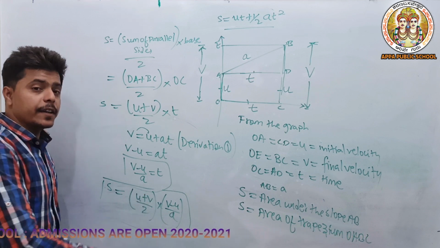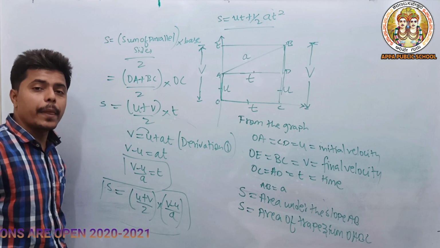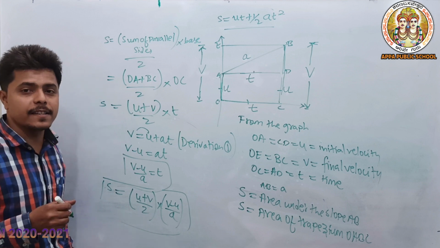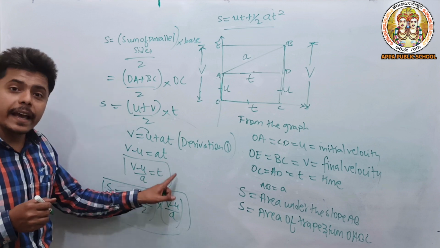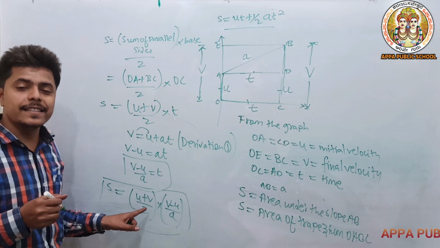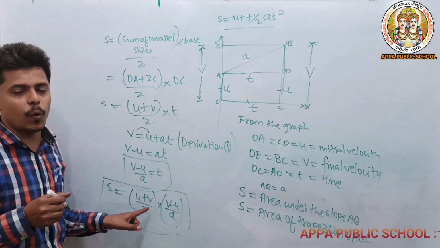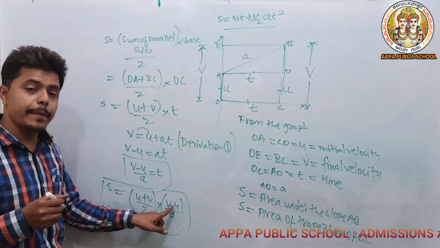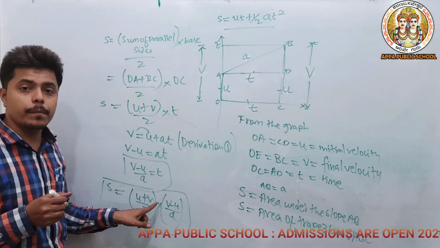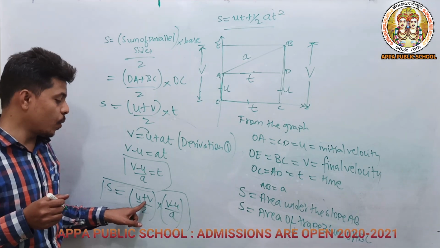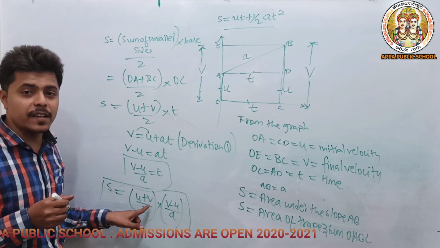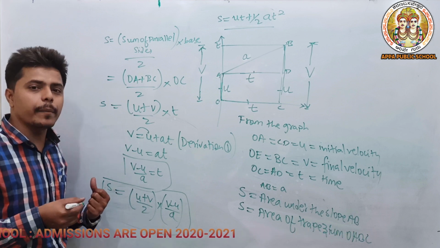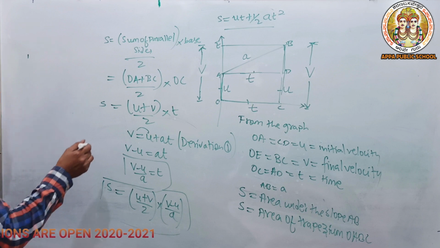So can you see here, U plus V and V minus U, that is nothing but A plus B, A minus B. And A plus B into A minus B is nothing but A square minus B square. So instead of writing U plus V into V minus U, I am going to write V square minus U square. So here we go.